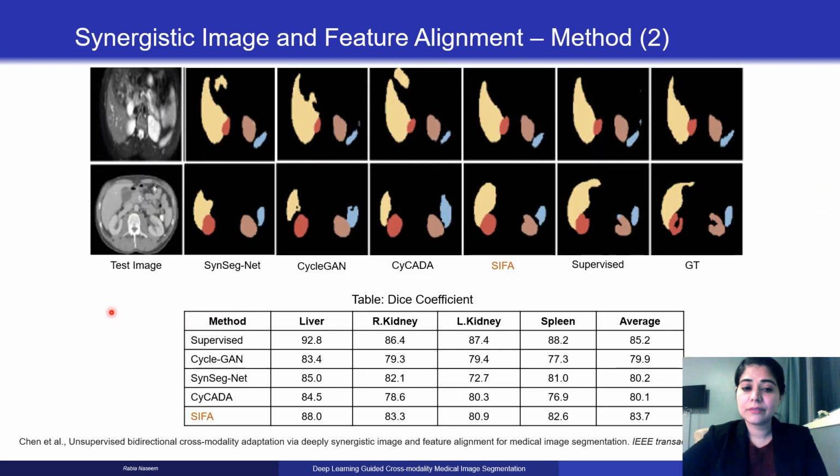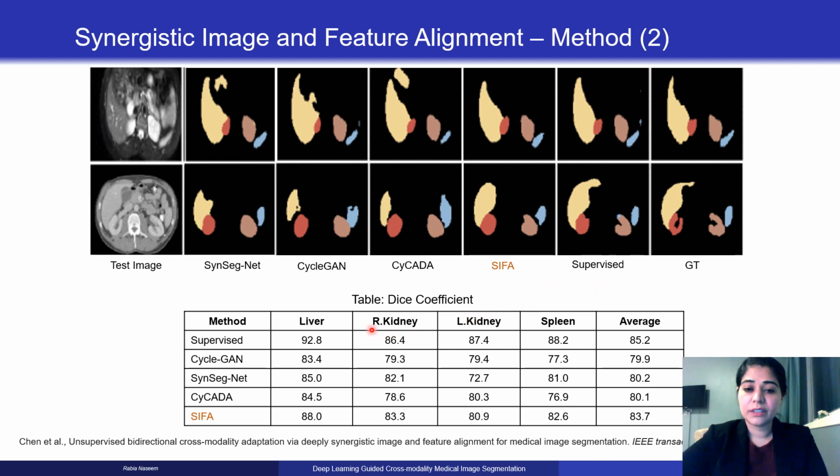The results of CIFA, the unsupervised domain adaptation method, were compared with cycle GANs and also with supervised approaches. Even the qualitative analysis shows that the results of CIFA are better compared to cycle GAN and its variants. And when we compare the results of CIFA with the supervised learning approach, we can see that the supervised learning approach, because it is trained on labeled data, results in better segmentation.